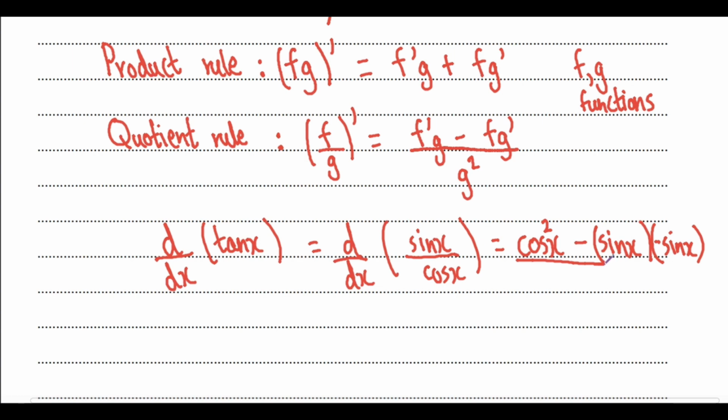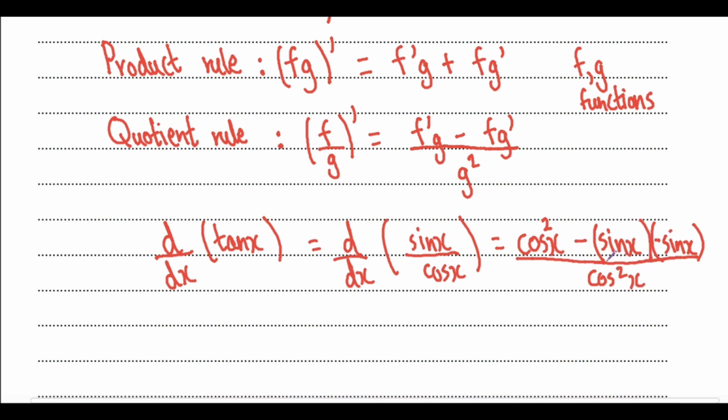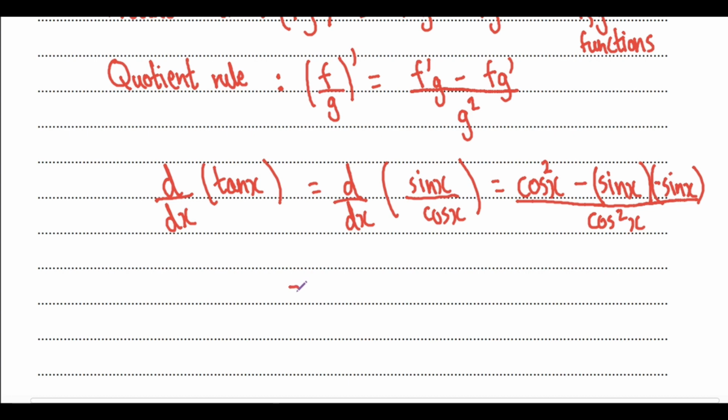So that's basically cosine squared of x. Well, you can see you have a negative and a negative, so that becomes a positive. So then you basically get cosine squared of x plus sine squared of x, divided by cosine squared of x. Well, we know cosine squared of x plus sine squared of x is equal to 1.